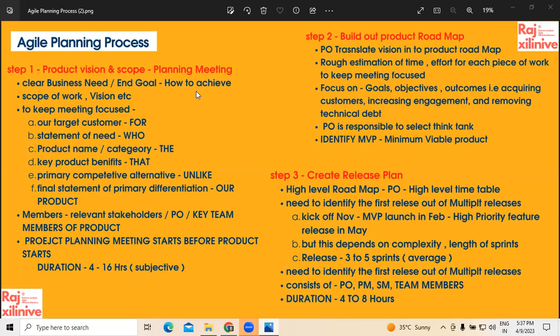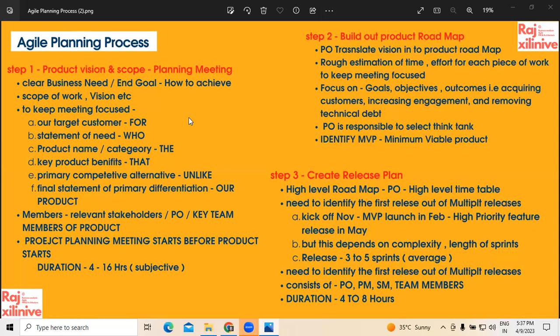At the same time, which category this product falls under, and what benefits they are expecting out of this. All these will be discussed under the agile planning process. This is generally the first thing that happens in any organization. This is what product vision and scope is all about, right?